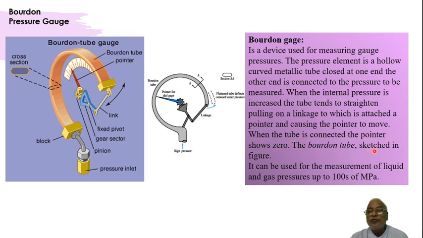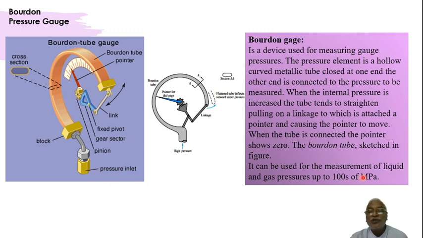The Bourdon tube is sketched in the figure, right? It can be used for the measurement of liquid and gas pressures up to hundreds of megapascals. Mega is 10 raised to 6 pascals or 10 raised to 3 kilopascals.